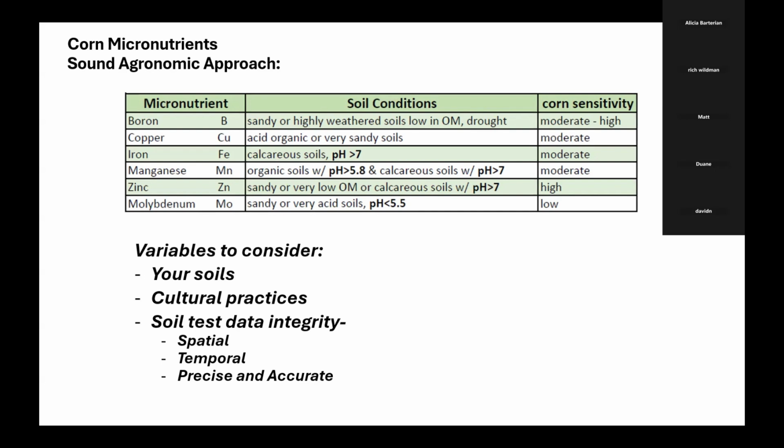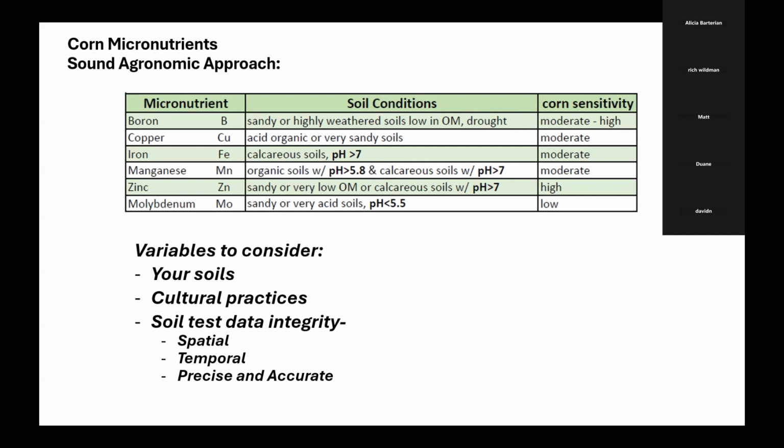We look at boron, soil conditions where we would pretty much expect to see a deficiency: really eroded soils, low organic matter, just light ground in droughty conditions.